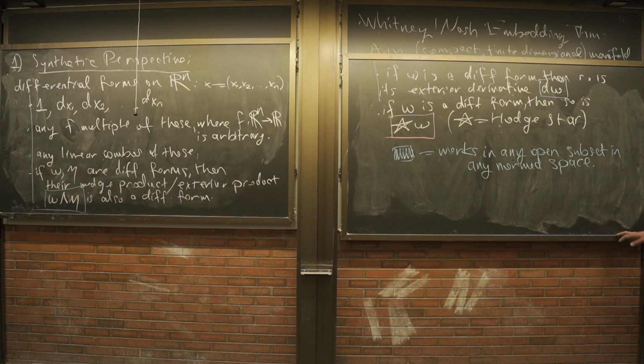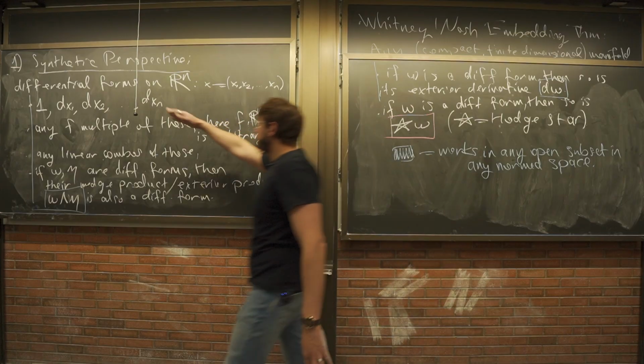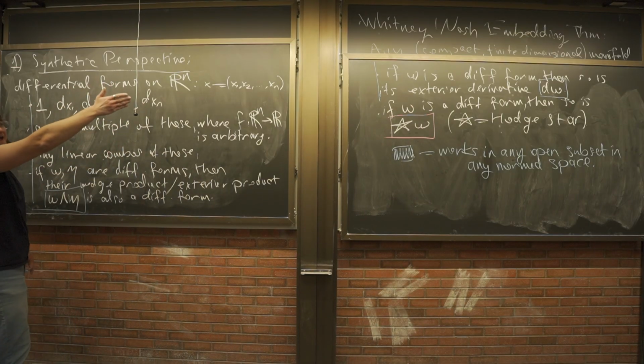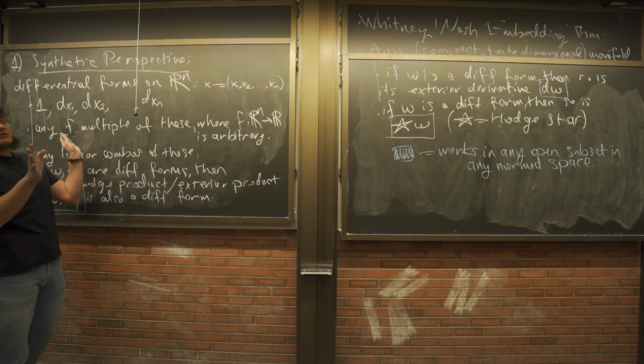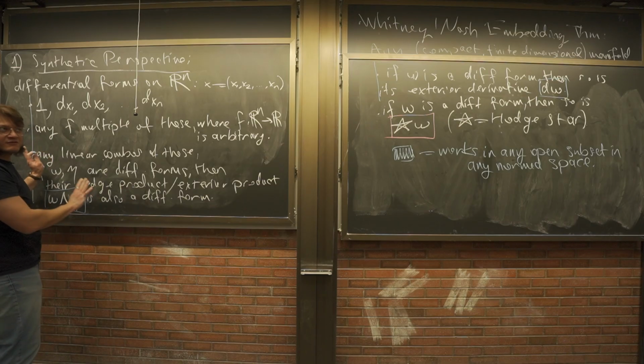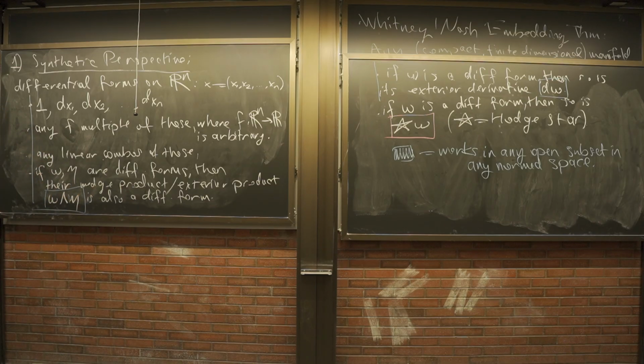Okay, and what do I mean? Instead of looking at the differential form on Rn, I could have chosen some open subset or some normed space. These would make sense the same way. Well, perhaps the coordinates don't make sense. So maybe I should write it like this.